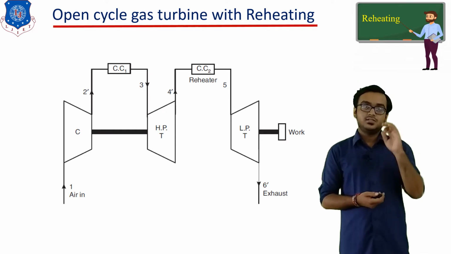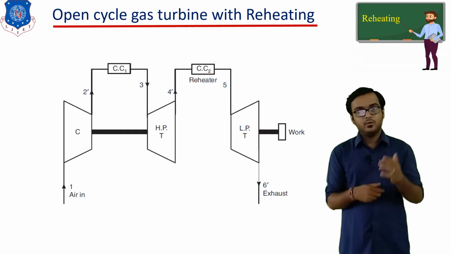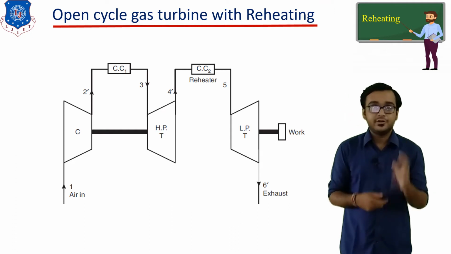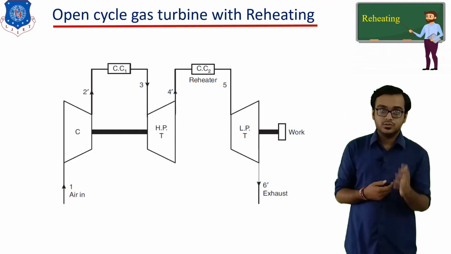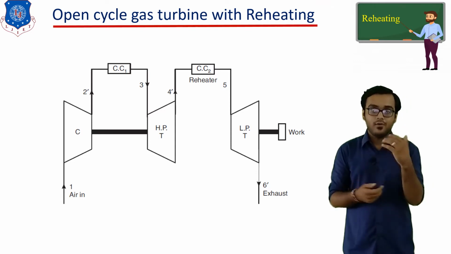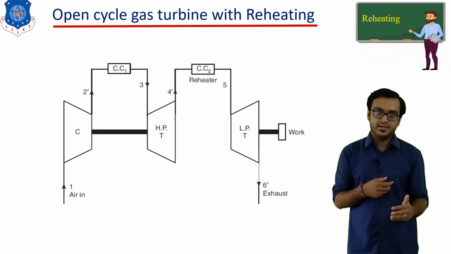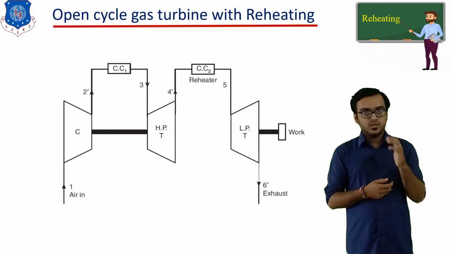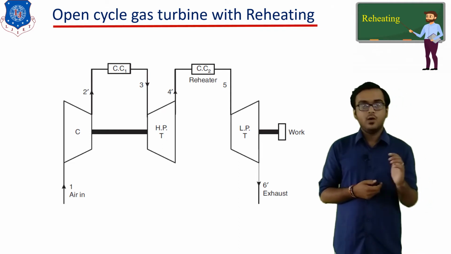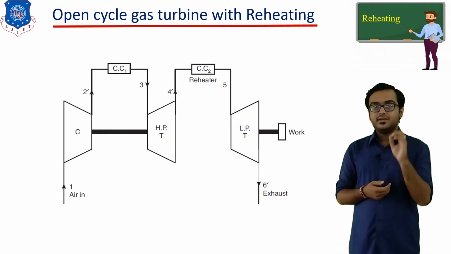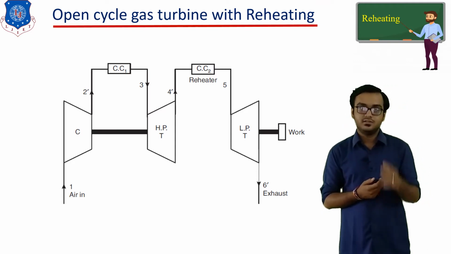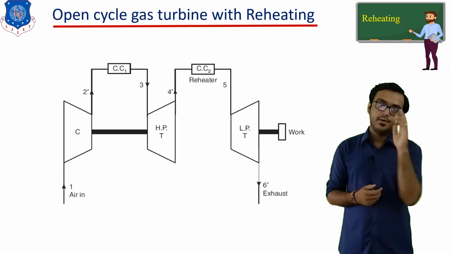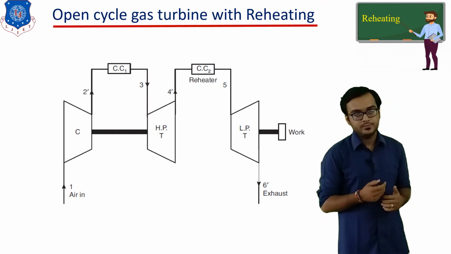Initially it is started with an electric motor, but later whatever power is generated by the high pressure turbine is directly supplied to the compressor, so that the compressor can run and compress more air. Clear to all up to this? Now, 3 to 4 is the expansion process in the high pressure turbine.